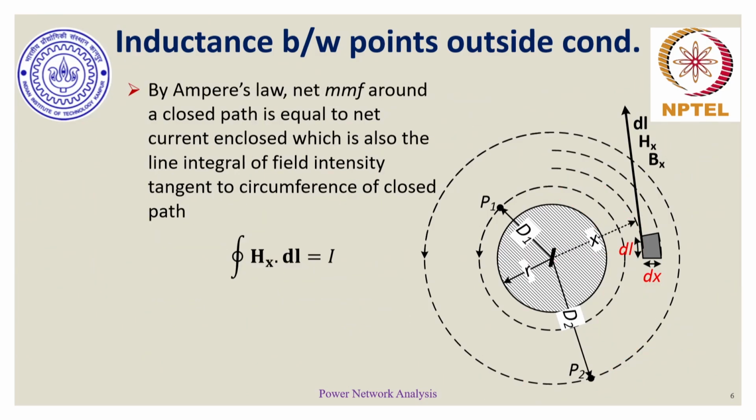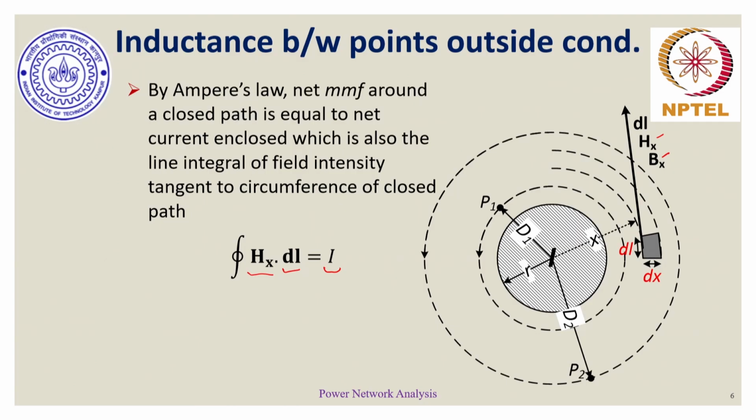Our Ampere's law would be very useful in evaluating the corresponding values of flux intensity or flux density. Ampere's law simply says that the line integral of the dot product of magnetic field intensity and the length vector dl is equal to the net current enclosed within the path.